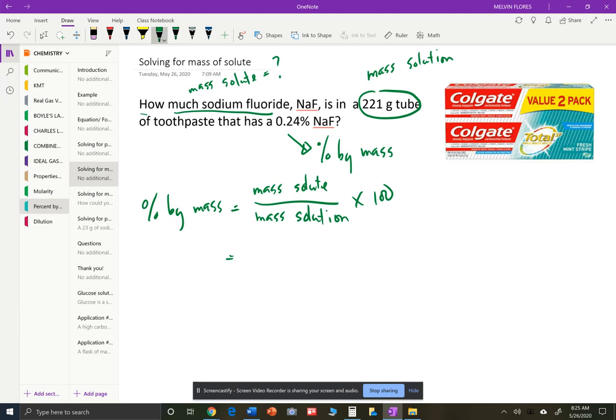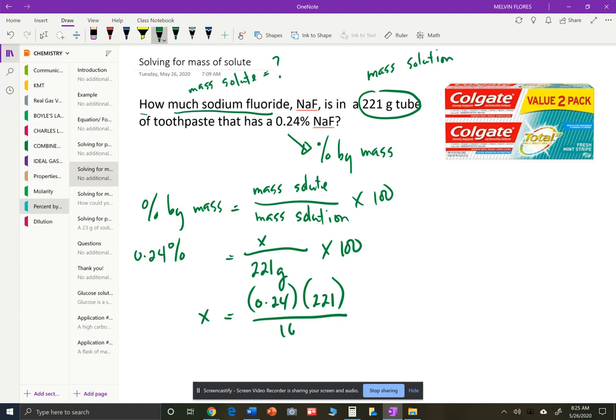That's unknown, right? So 0.24%, and then our mass of solute, let's say X, that is what we're looking for, and the mass of the solution is 221 grams, times 100. So if we're looking for X, we need to multiply these two. That's going to be 0.24 times 221, and you have to divide it by 100.